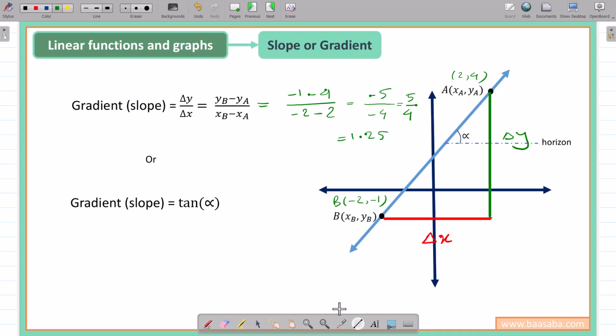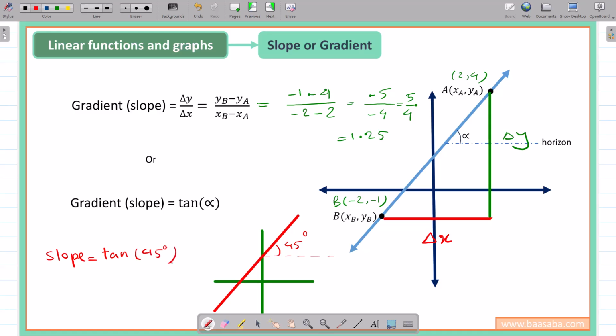I'm going to draw another line here, in the coordinate system. For example, it has an angle of 45 degrees. The gradient or slope of this line is the tangent of 45 degrees. And we all know that the tangent of 45 is 1. So our slope will be 1.